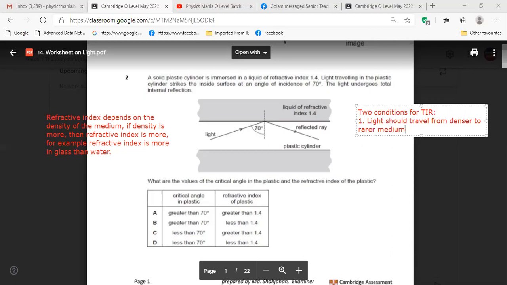Yes, sir. Okay, light should travel from denser to rarer medium. And the second condition is: angle of incidence should be greater than critical angle, right?